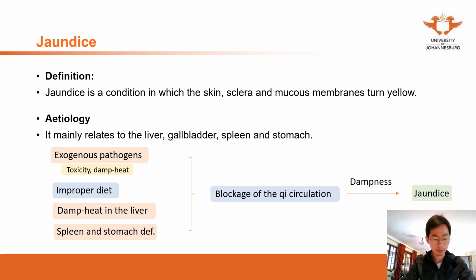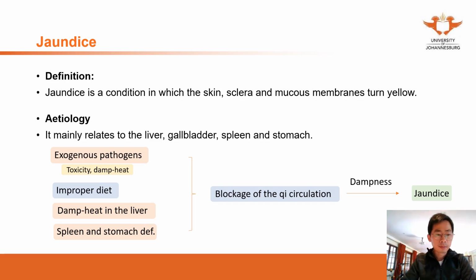In the 伤寒杂病论, the author Zhang Zhongjing already categorized jaundice into 5 different types, and according to these types, he gave us the explanation of the pathogenesis as well as the treatments. Further on, in some comprehensive theoretical books, jaundice was divided into 9 different types with 36 different types of yellow.